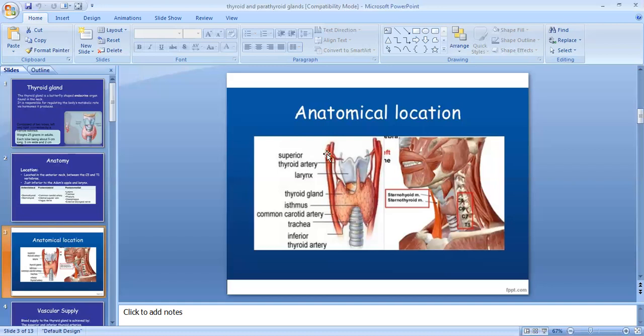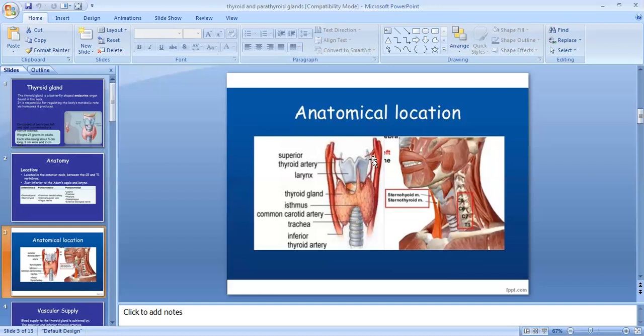which divides into internal carotid and external carotid artery, and the blood supply of the thyroid gland is from the external carotid artery in the form of superior thyroid artery. So you can see superior thyroid artery which takes origin from the external carotid artery.